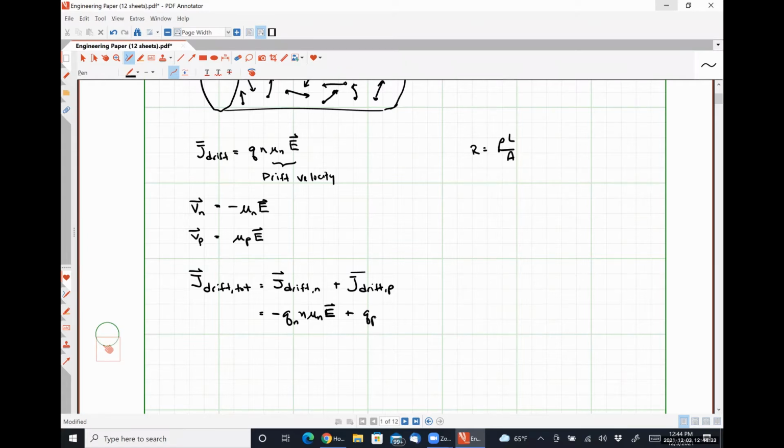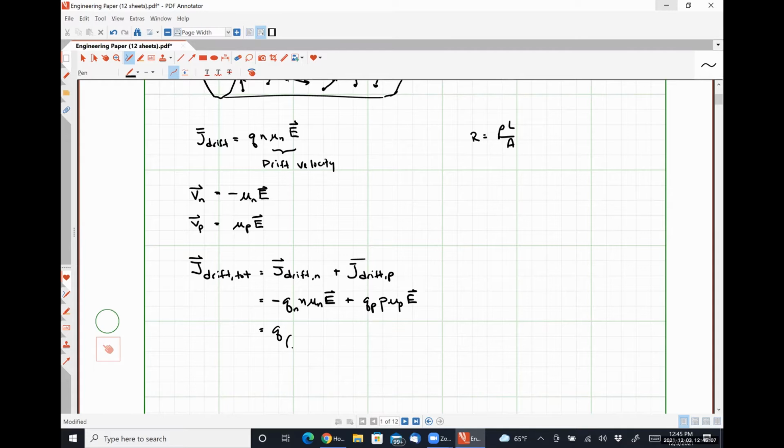plus Qp multiplied by p mu p E. And we can group like terms together and exploit the fact that we have negative times negative, negative Qn, which is going to be negative times negative is just going to give us positive Q. So we're going to wind up with positive Q, the elementary charge, times, dang it, my screen moved on me, n mu sub n plus p mu sub p times E, where this guy right here, again, is simply sigma, our conductivity.